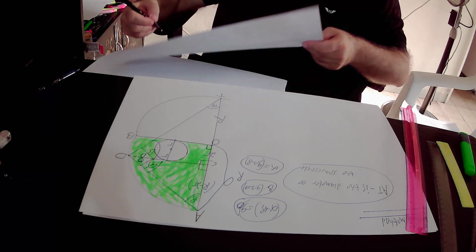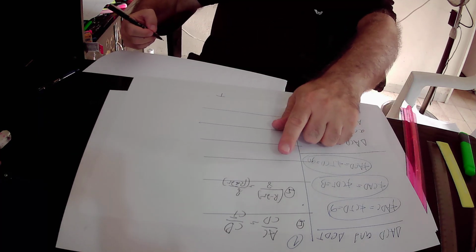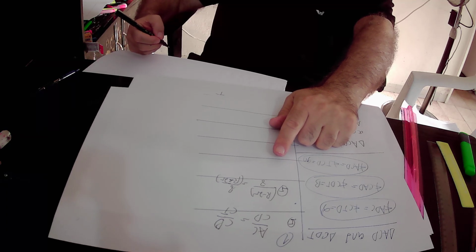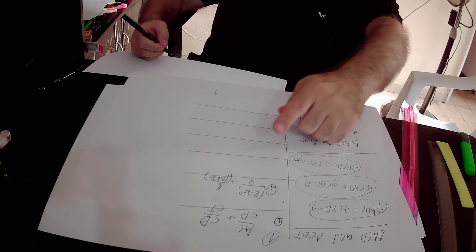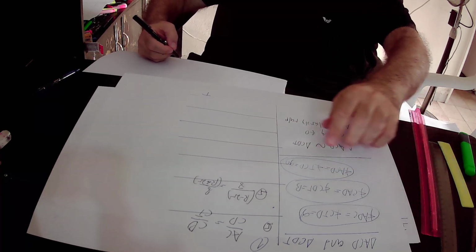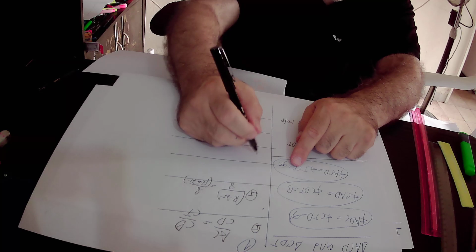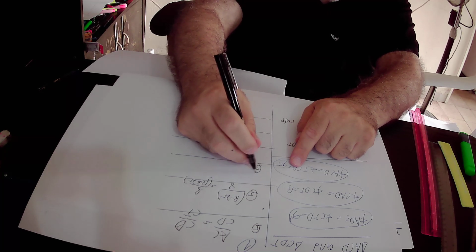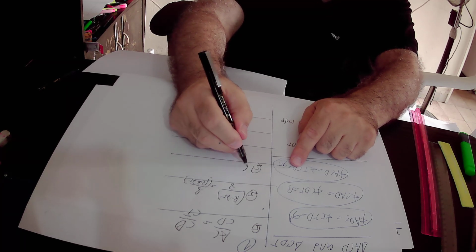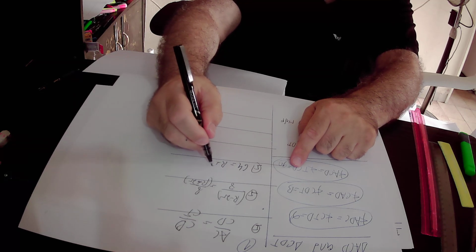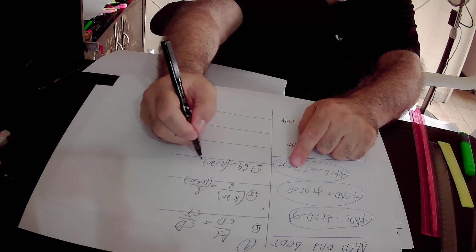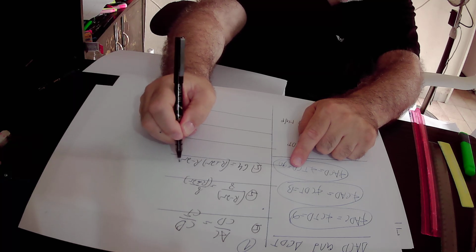So in conclusion, we found out that capital R minus 2R over 8 equals 8 over capital R plus 2R. Here we cross multiply this equation, number 1, and we get that according to equation number 1, 8 times 8 is 64. That is equal to capital R plus 2R times capital R minus 2R.